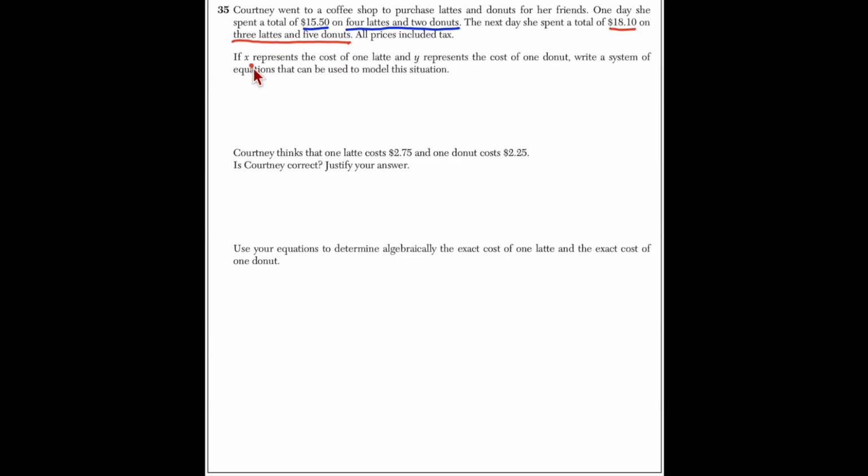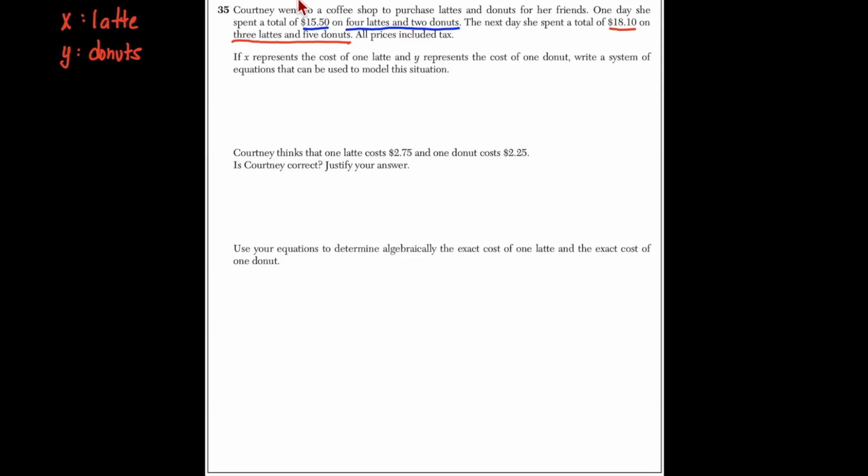Now, if X represents the price of one latte and Y represents the price of one donut, write a system of equations that can be used to model the situation. For the most part, they are pretty fair about putting things in order. X is lattes, Y is donuts. If you don't know what a latte is, it's like a fancy coffee.